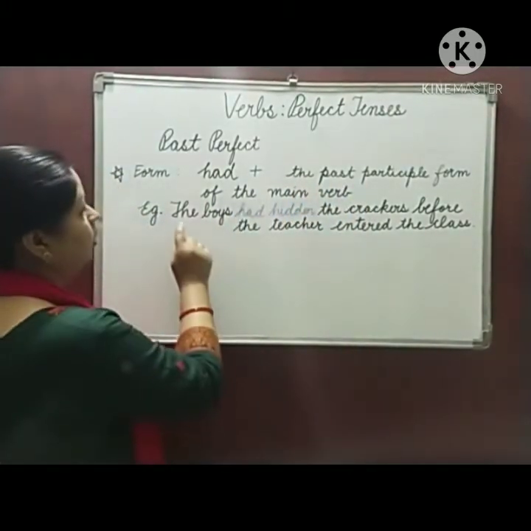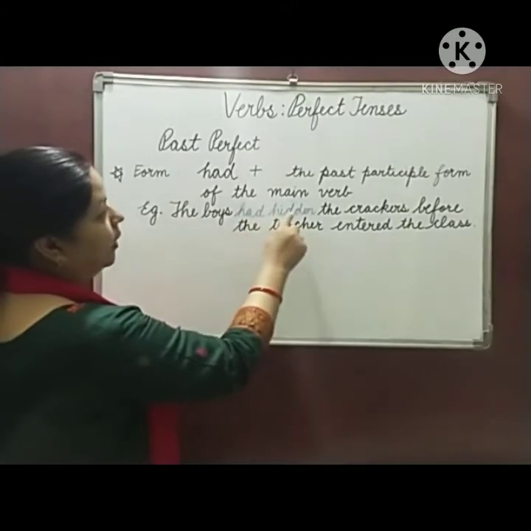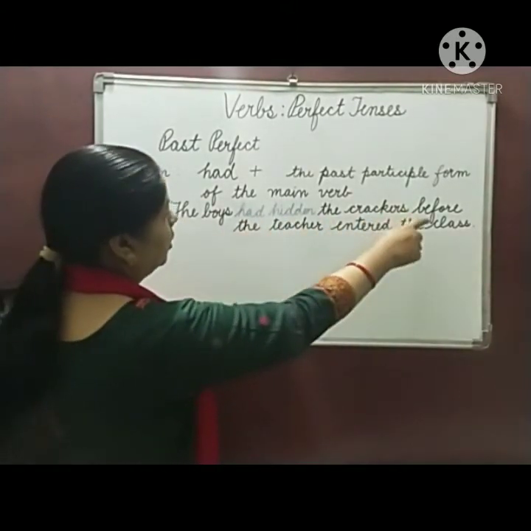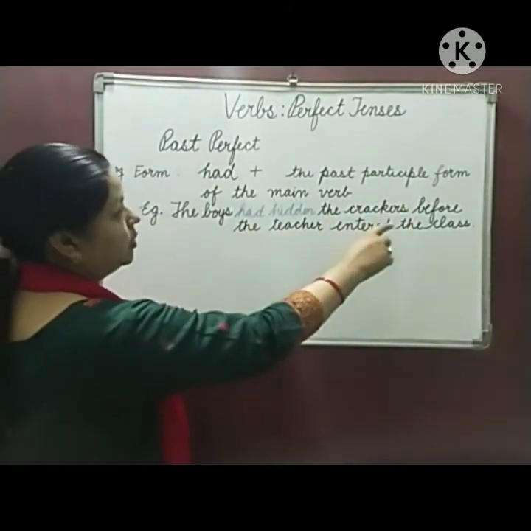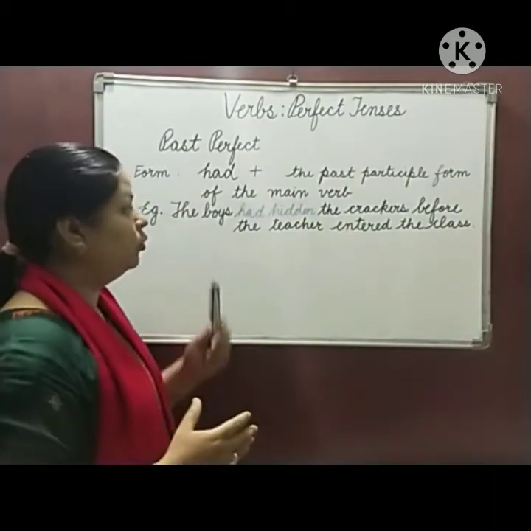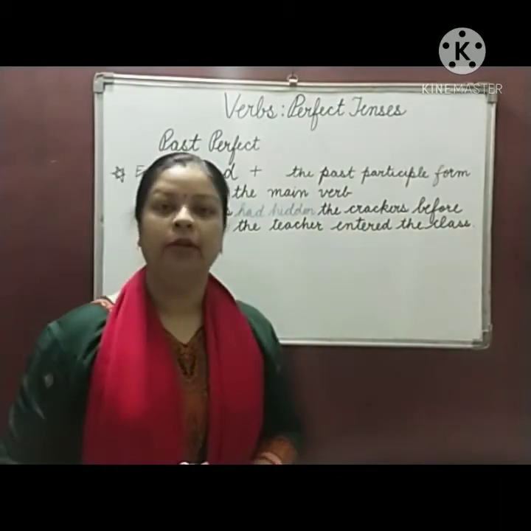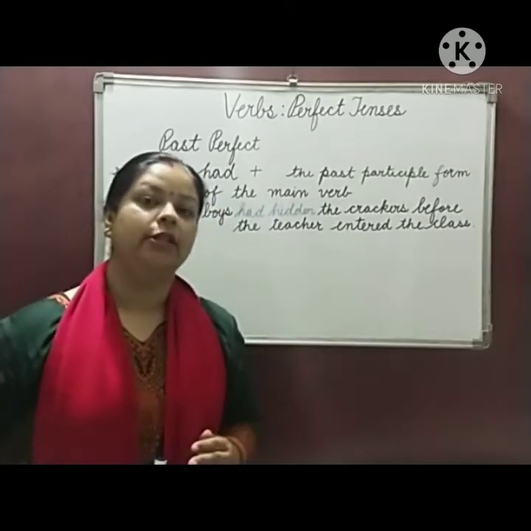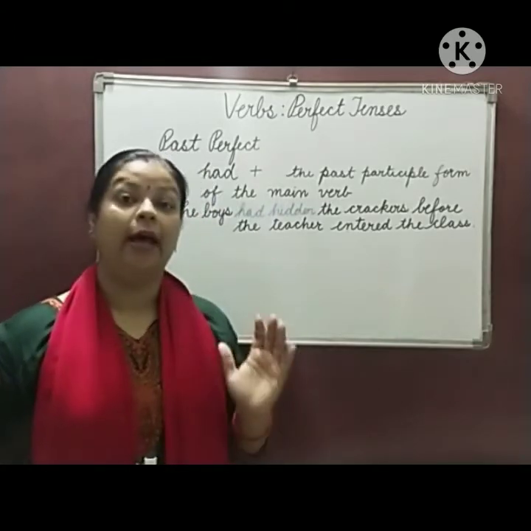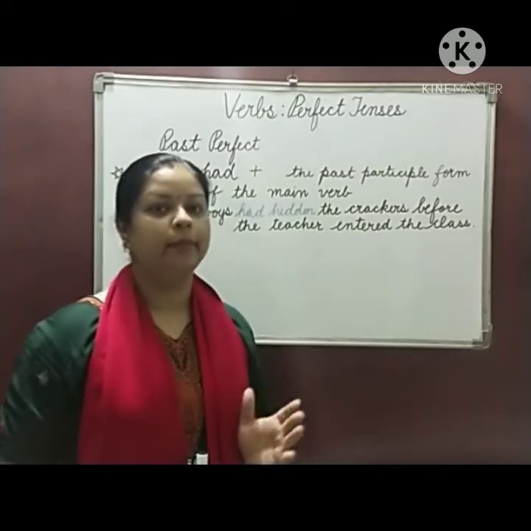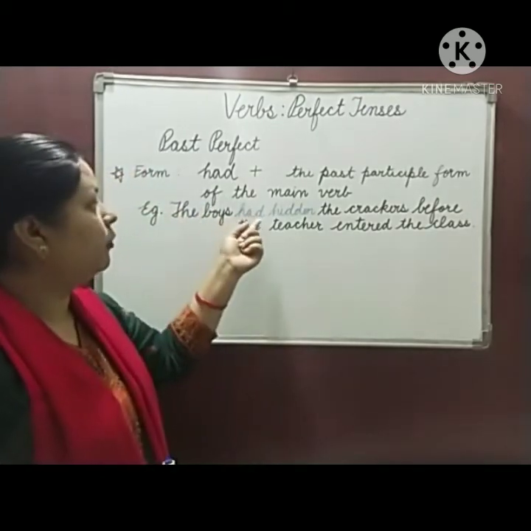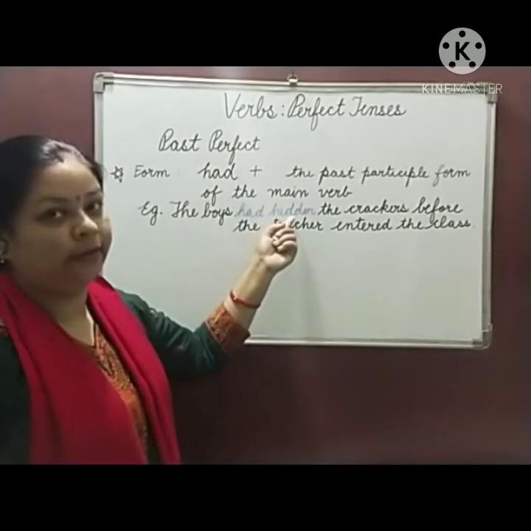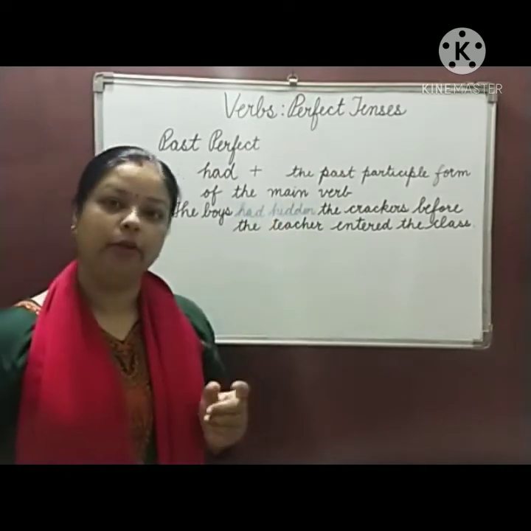For example, the boys had hidden the crackers before the teacher entered the class. So here if we take this example from your grammar book, we will see that it is already written had hidden. So had is the past perfect tense along with the main verb hidden, that is in the past participle form.